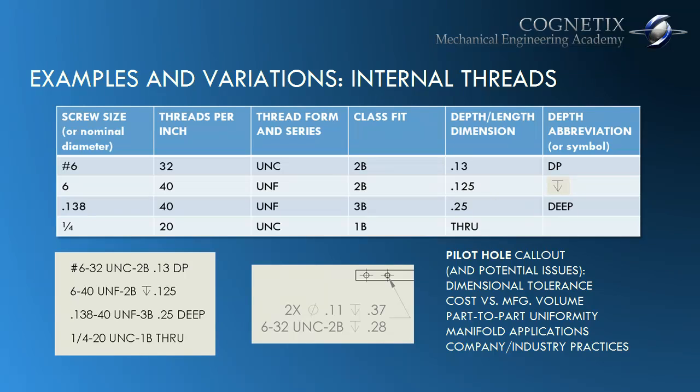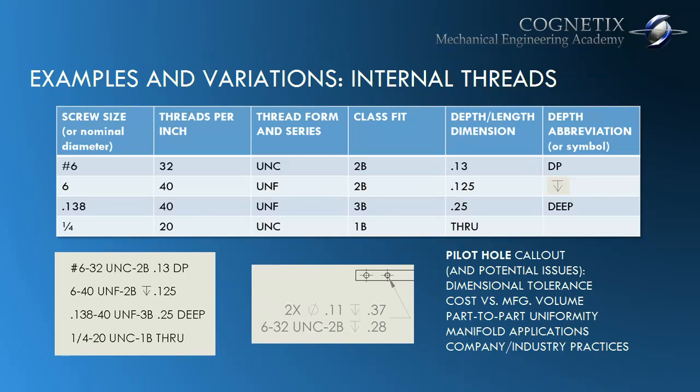So the tolerance is looser, a little bit easier to generate, and a little bit cheaper. So as far as depths and lengths of threads, typically 2 decimal places are used.